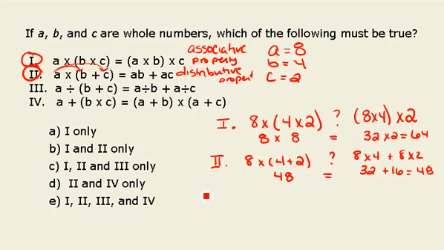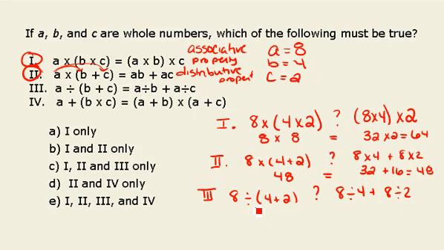Next we will examine statement number 3. Statement number 3 says we're going to take a, which is 8, and divide that by the quantity of b plus c. And we want to know, is that equivalent to taking a divided by b, or a divided by 4, plus a divided by c, or 8 divided by 2?